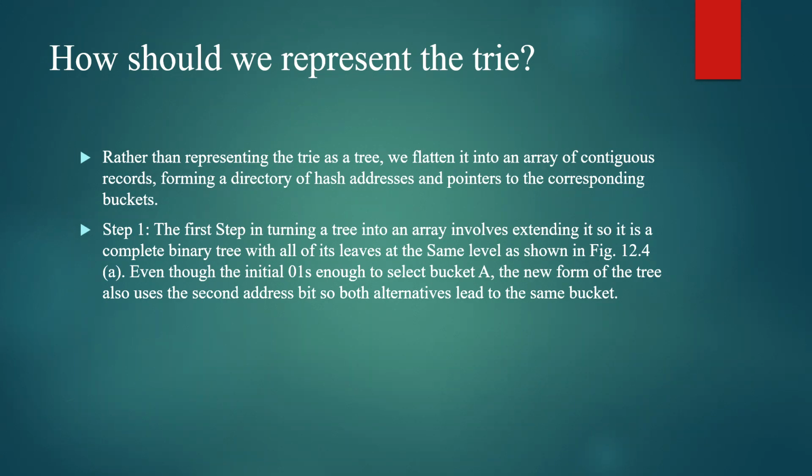The first step in turning a tree into an array involves extending it so it is a complete binary tree with all of its leaves at the same level, as shown in the figure. Even though the initial 0 is enough to select a bucket, the new form of the tree also uses the second address bit, so both alternatives lead to the same bucket. So this is how we represent the trie.